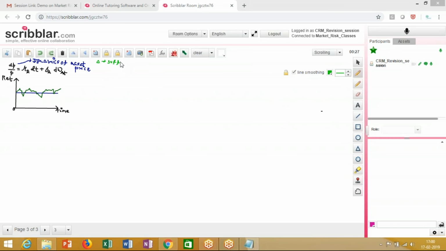As I was saying, when we talk about delta, we represent it using delta when we talk about a sufficiently large change.